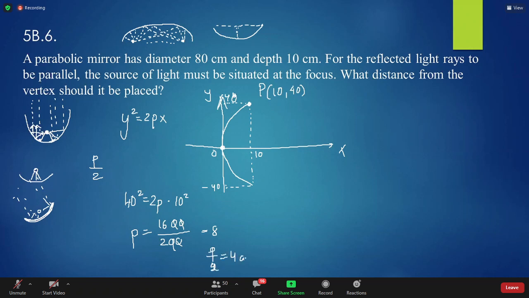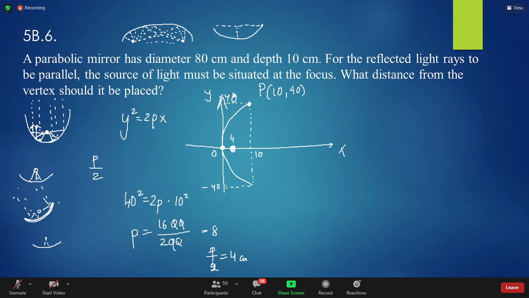That means the light source should be somewhere here inside the mirror, deeper inside the mirror, not outside like we have with satellite dishes, which are generally quite flat, because that's quite enough. We know that the transmitter or receiver is quite a distance out of that dish, because that's enough to be able to receive the signal quite clearly.